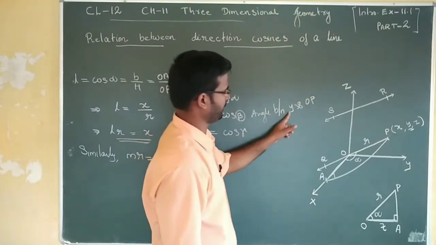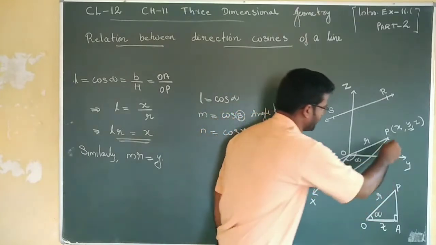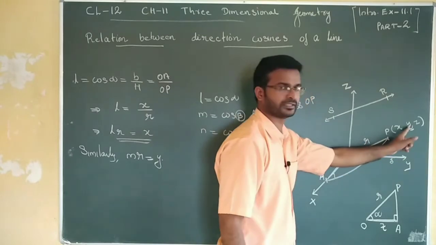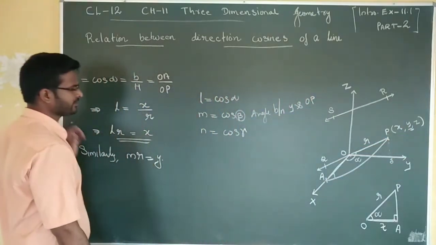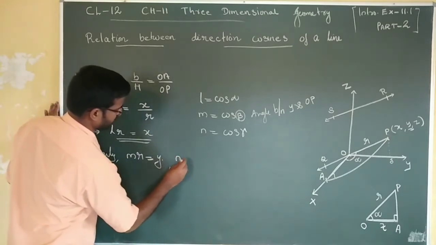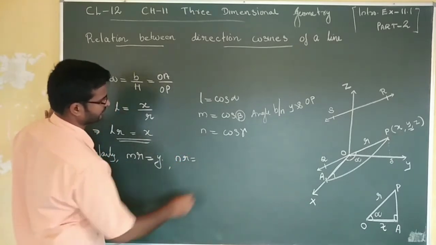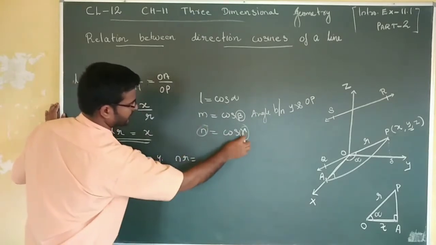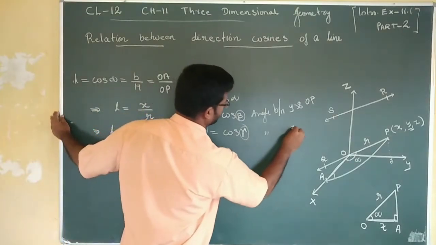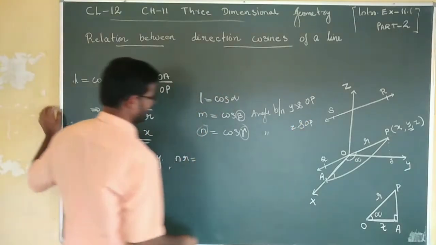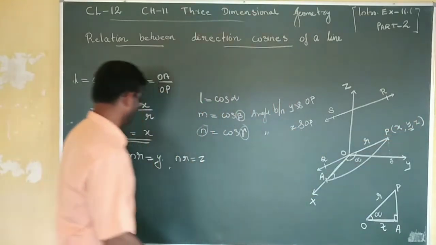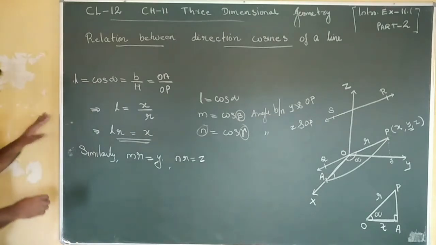If you draw a perpendicular here to the Y-axis, this point is small y. The last one, nr equals z, because gamma is the angle between the Z-axis and OP, and the last coordinate is z. Now we have got three relations.